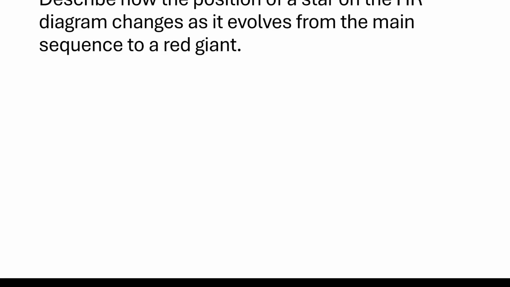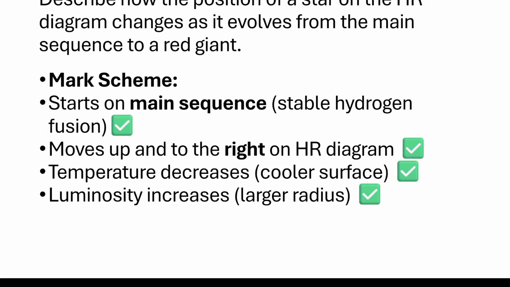Let's see this one. How does the position of a star on the HR diagram change as it evolves from main sequence to a red giant? So if it is going from main sequence to red giant, how is the position changing? You need to pause the video and write, and then check.